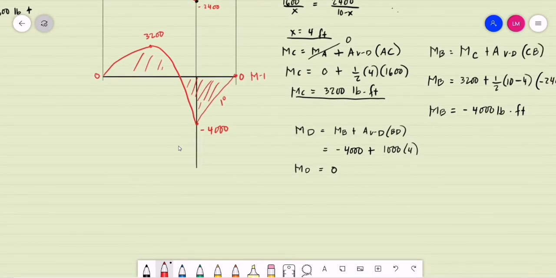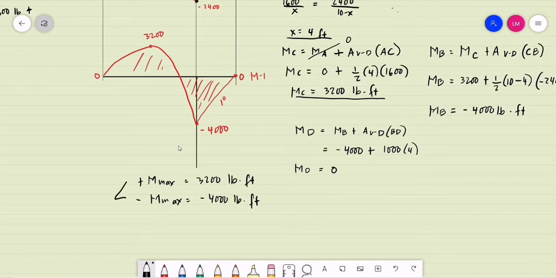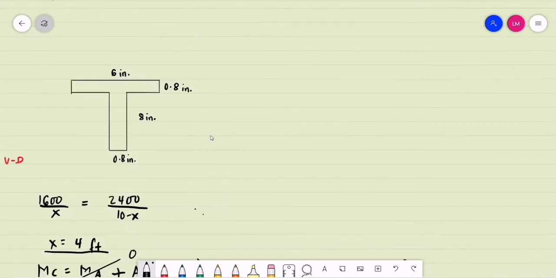So for the positive maximum moment, we have 3,200 pounds-foot, and for the negative maximum moment, we have negative 4,000 pounds-foot. We should analyze these two separately, since the beam will behave differently considering these two moments.